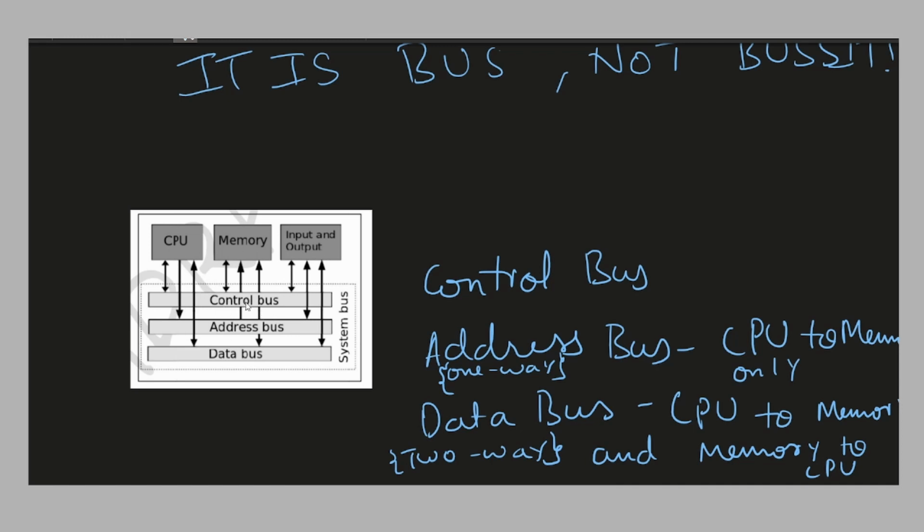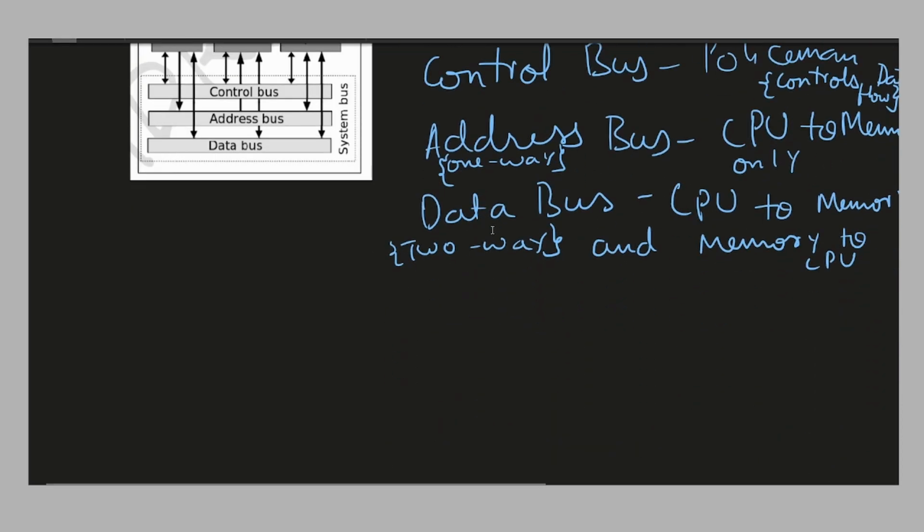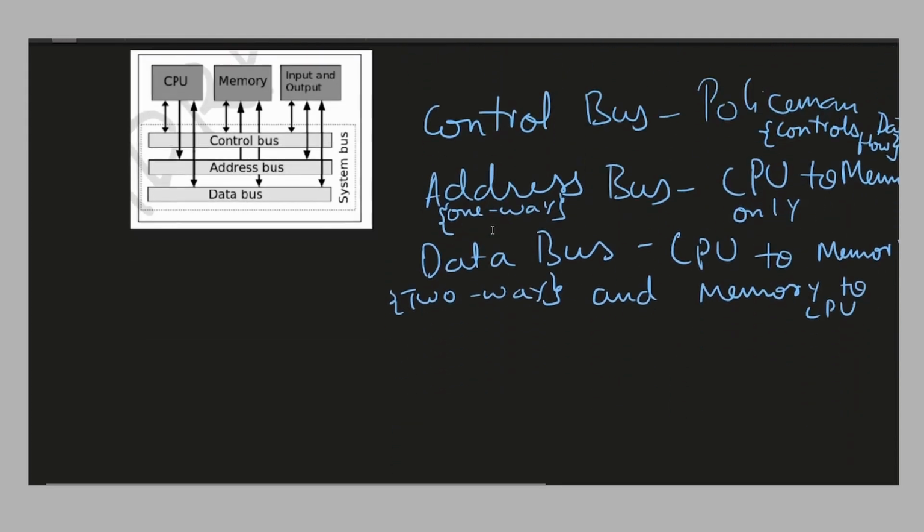It makes sure this is only a one-way road and this is a two-way road. The control bus is basically like a policeman. It's the easiest way to tell it. It controls data flow. So that is about bus.